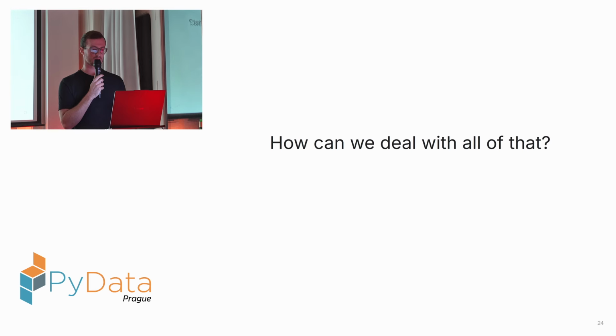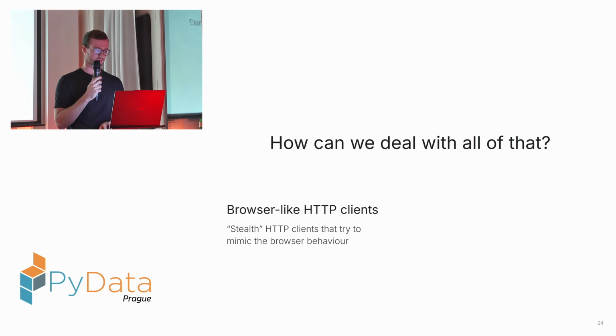So how can we deal with all of that, right? It sounds like a difficult task. And luckily, we don't have to do it from scratch. There are already tools that resolve this. So we can use something called browser-like or stealth HTTP clients that try to mimic the browser's behavior so that they are not recognizable.